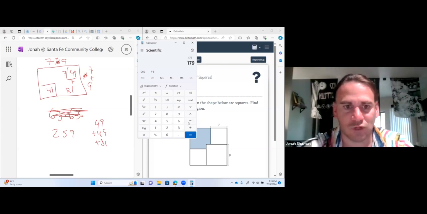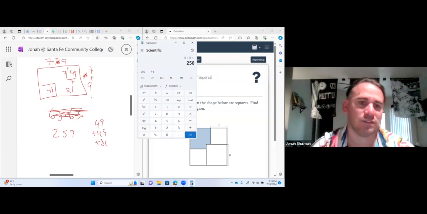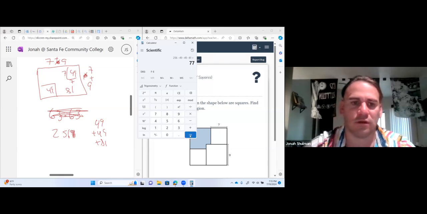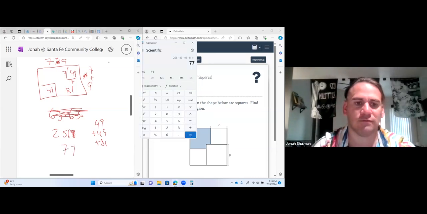So, and I have to subtract that from 250, not, wait, shouldn't it be 256? 16 times 16, it is 256. I don't know why I wrote a 9 there. So it's 256 minus 49 minus 49 minus 81. So our answer should be 77.